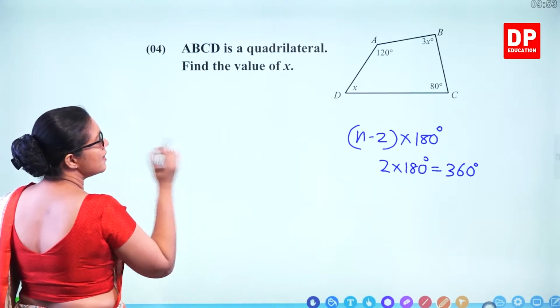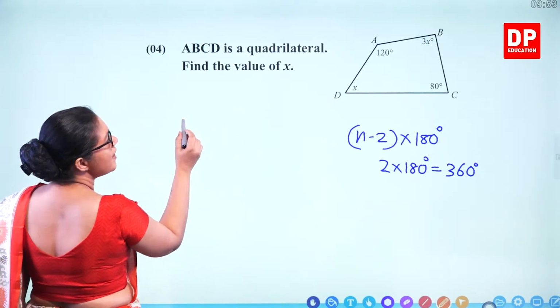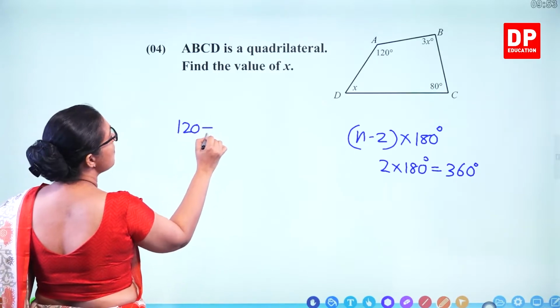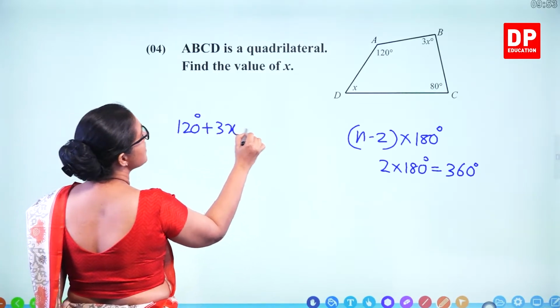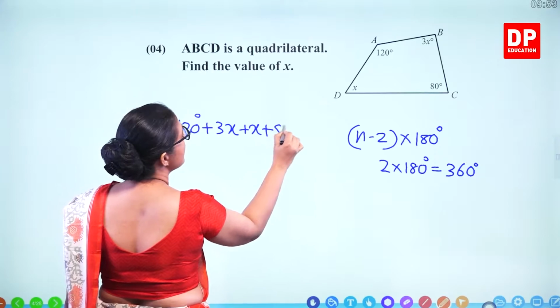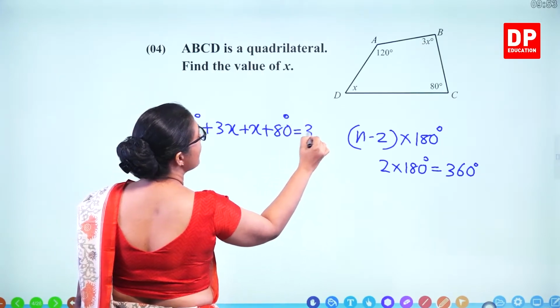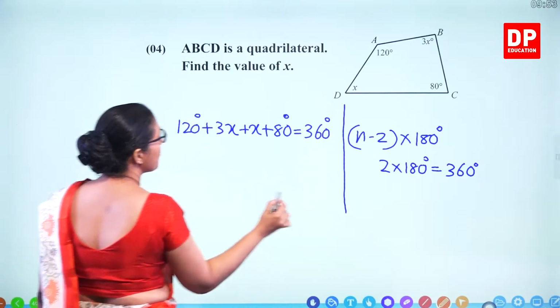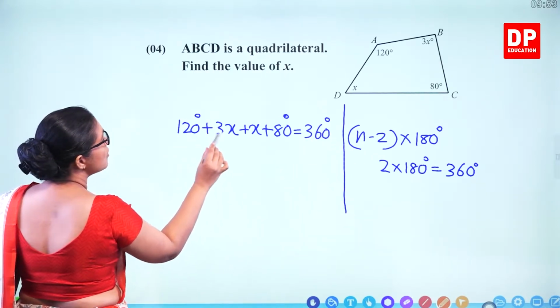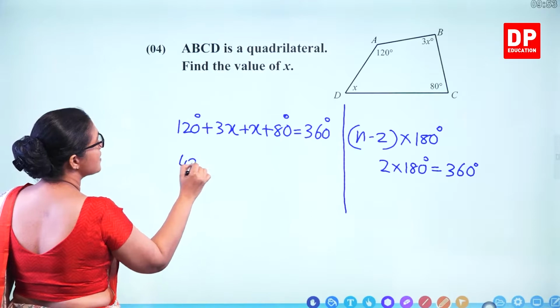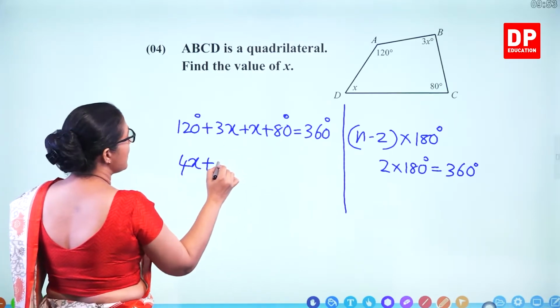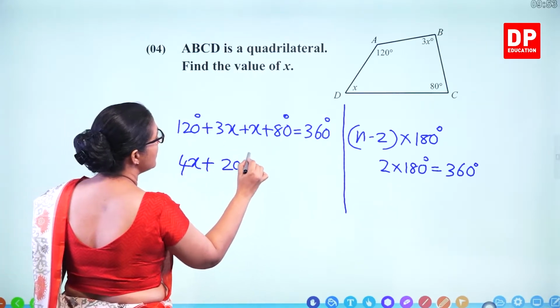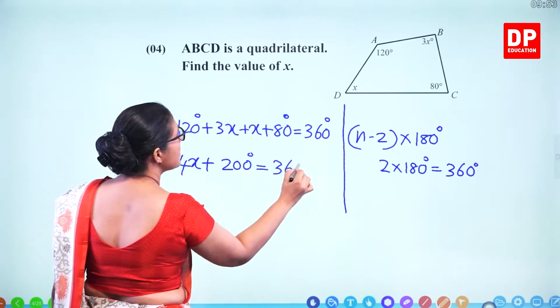We know that's 360. So add everything. 120 plus 3x plus x plus 80. That's 360. So you get 3x and x is 4x. 120 plus 80, 200 equals 360.